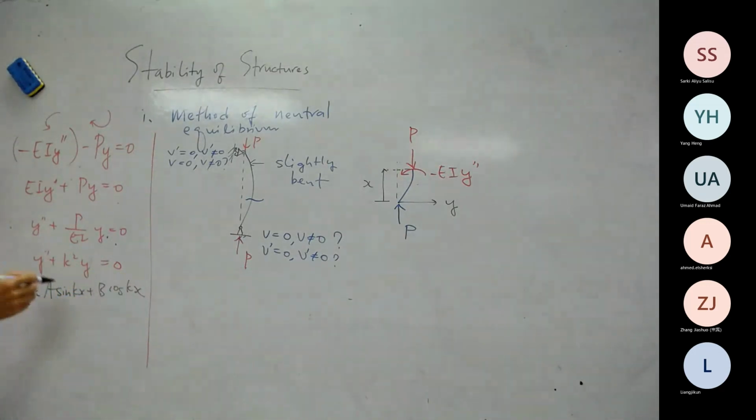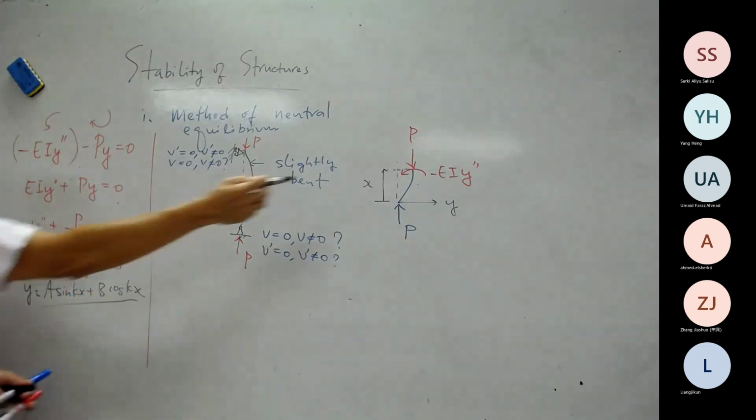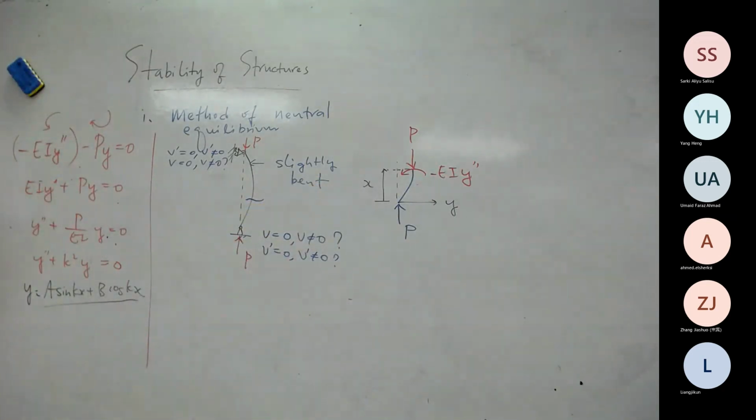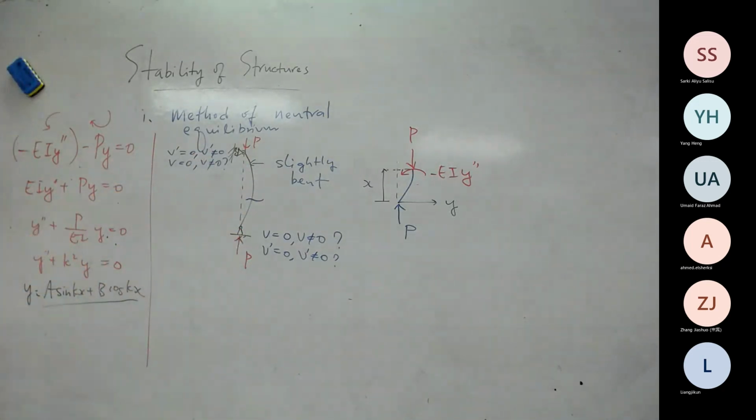Okay. So these are always the terms that will appear in any kind of column when we try to derive the governing differential equations under the method of neutral equilibrium. You will always get these terms here, but depending on the end conditions, on the right-hand side you get some other non-zero functions.